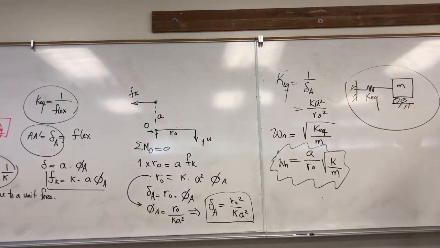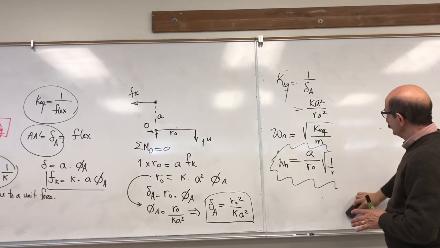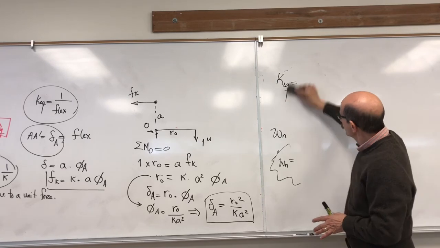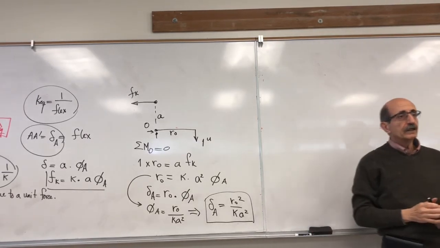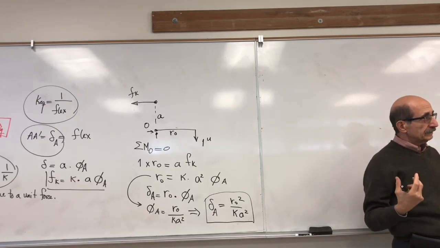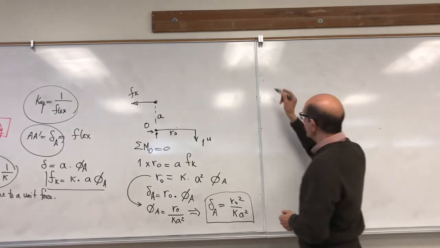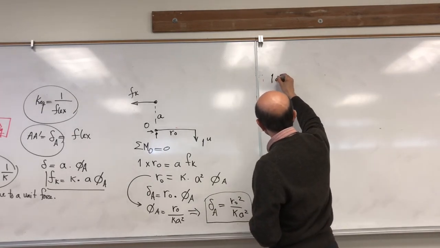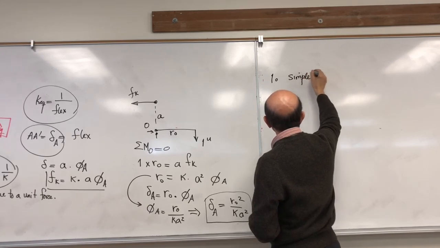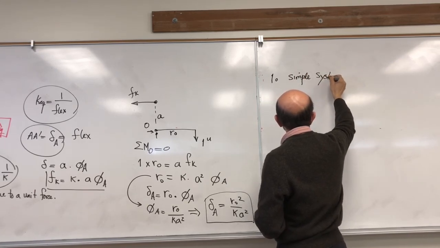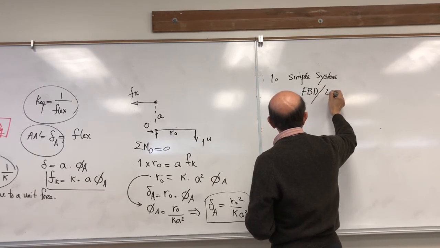So we talked about 2 approaches, and I promised you we would discuss 4 approaches for modeling a system in terms of a single degree of freedom system. The first approach was simple, I call that simple systems. Remember, free body diagram, equation of motion.